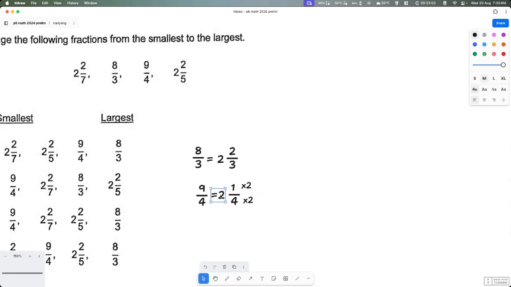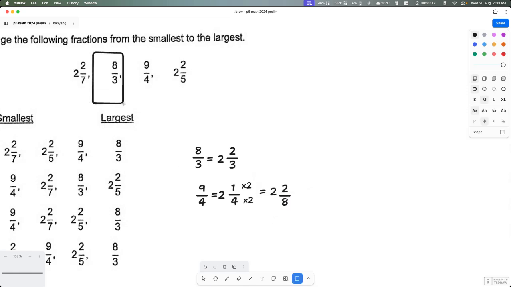Okay, so then this will become 2, but instead of 1 over 4, we will become 2 out of 8. Okay, so now we know that this individual 8 out of 3 is 2 out of 3. So let me just copy this over here and paste it over here, and make it a little bit smaller, so at least we can fit inside this rectangle.